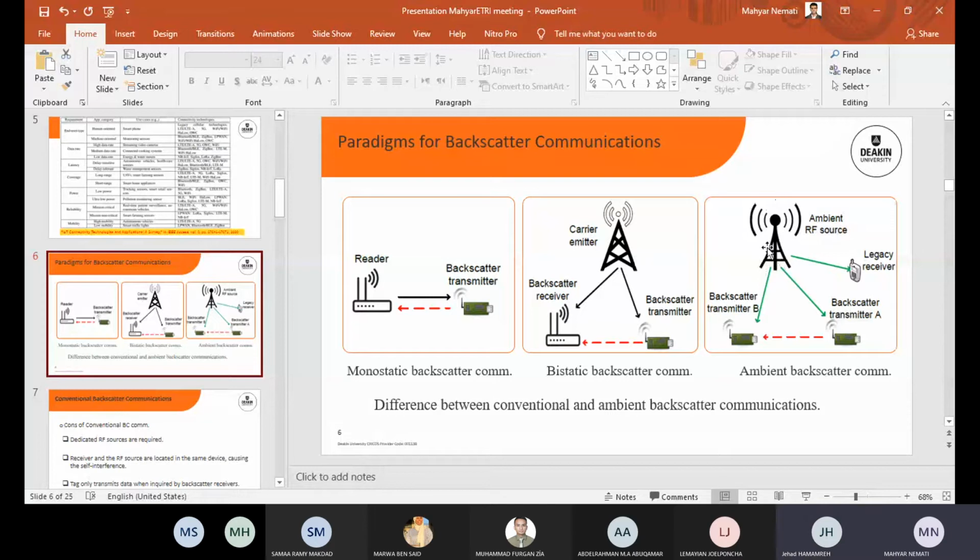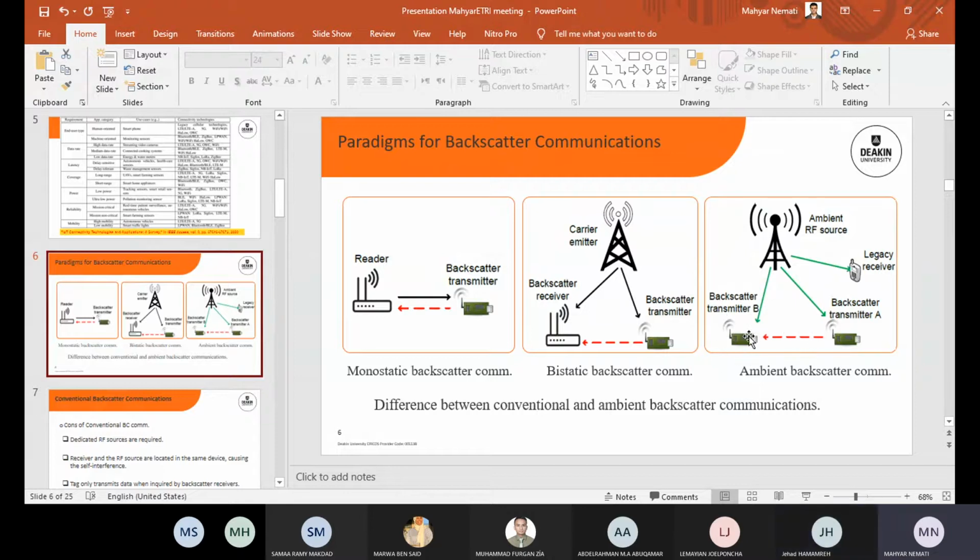You can imagine a cellular antenna communicating with one legacy receiver here, a mobile phone. In that case, this transmitter is able to hear the signal which is sent towards the legacy receiver. By receiving that signal, this transmitter is still able to modify it and retransmit, or backscatter, it towards the receiver or transmitter B.